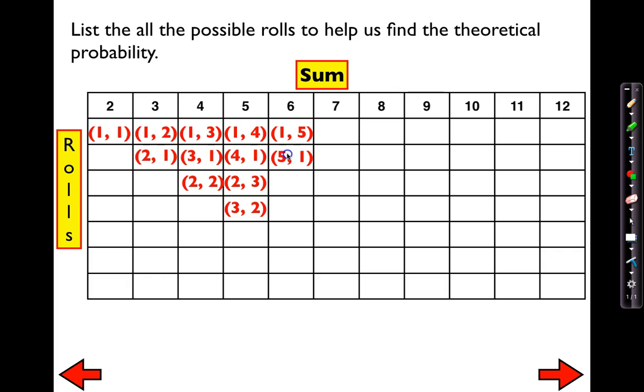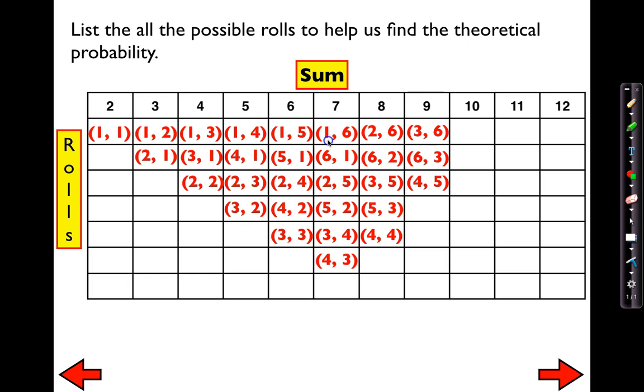For 6, a 1 and a 5, 5 and 1, 2 and 4, 4 and 2, 3 and 3. Notice I don't list 3 and 3 again because that's the same thing. For 7, 1 and 6, 6 and 1, 2 and 5, 5 and 2, 3 and 4, 4 and 3. I'm just going to continue this, and you're going to see there is symmetry.